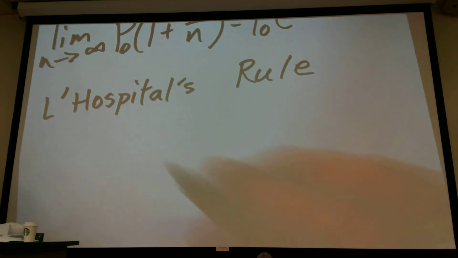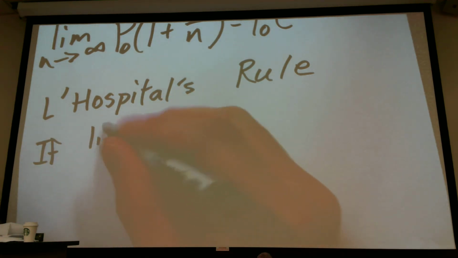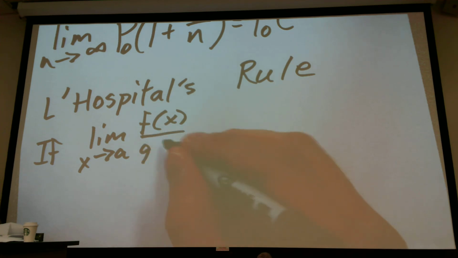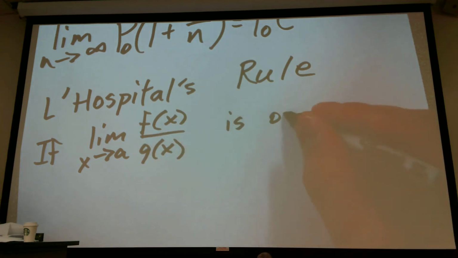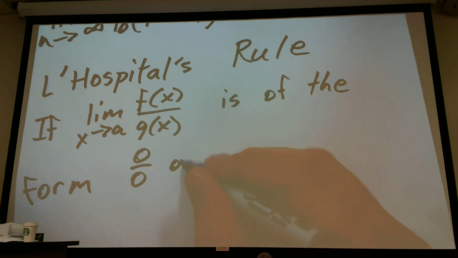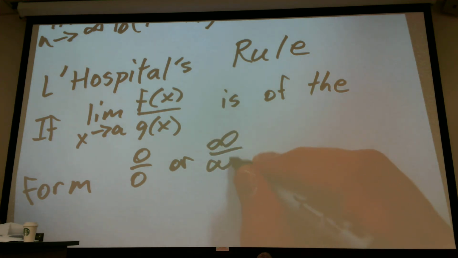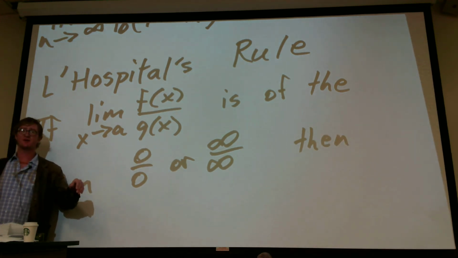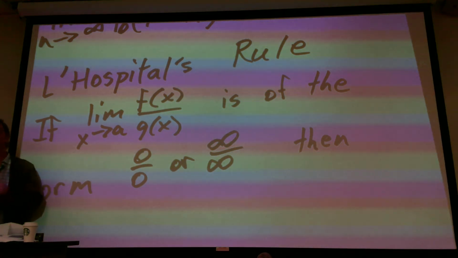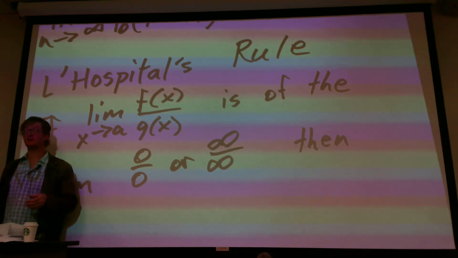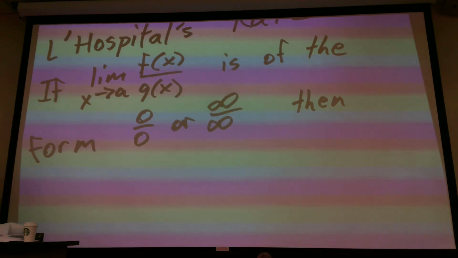Okay, so if the limit as x tends towards a of f of x divided by g of x is of the form 0 divided by 0 or infinity divided by infinity, and this could be plus or minus infinity on top or bottom, then what we can do is take the derivative of the top and bottom.